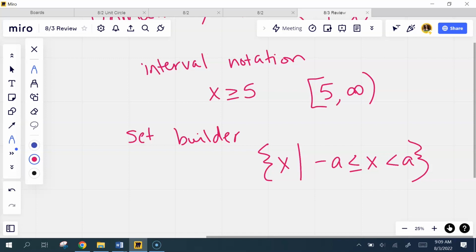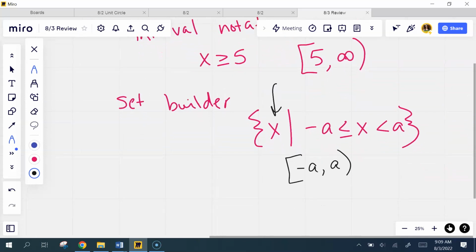It looks weird, it does. It just has this x in front that it defines. In interval notation, this would look like this. And then if I just used inequality notation, it would just be this. Don't let that throw you in the front where they define the variable to start with. You'll just see it written like that, so I want to make sure that you saw that.